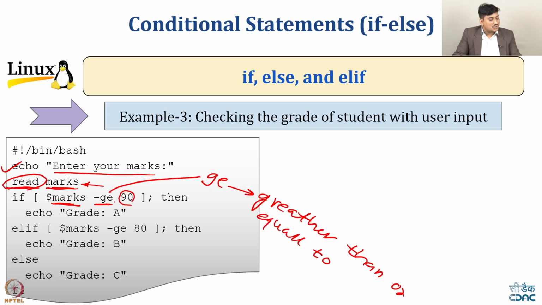If this condition is true, then execute this portion of the code, saying that it is a grade A. Else, if the marks are greater than or equal to 80, then tell grade B. Otherwise, print that it is a grade C.